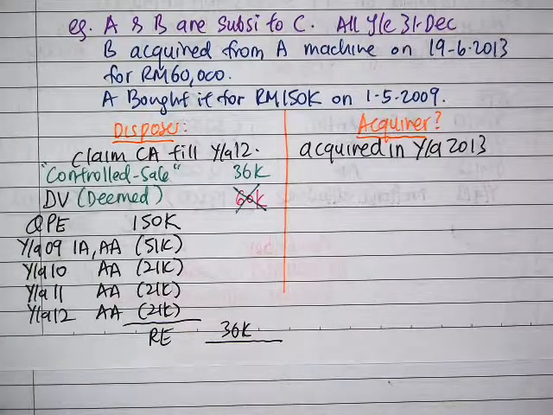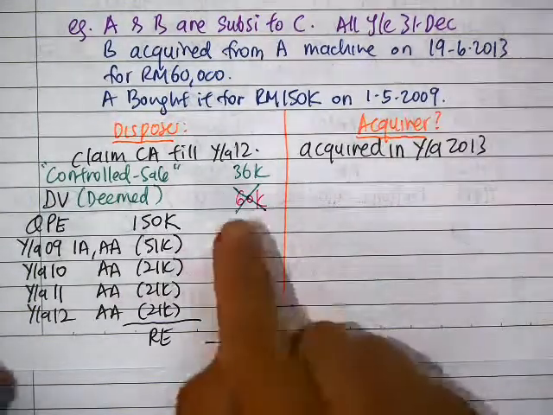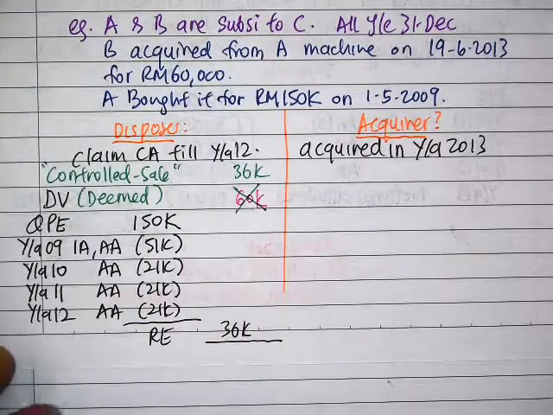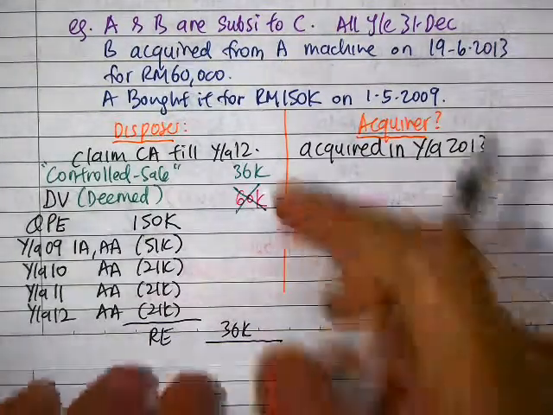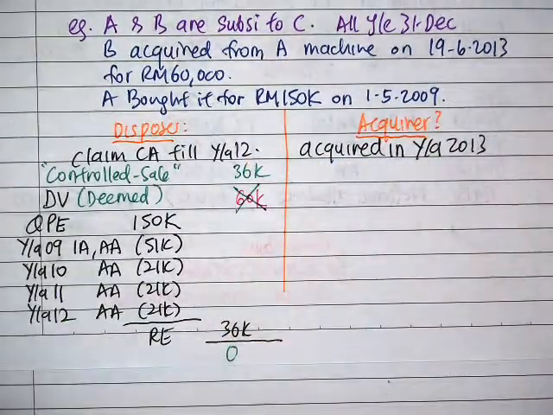She expected the student to give the figure also. You cannot just tell me that the DV equals to RE. I know that's the concept. But then how much is that? So the examiner also expected students to say that the RE is deemed to be 36. In this case, you must give the figure. Deemed to be 36. So 36 minus 36, 0. BA/BC is 0, so there's no gain, no loss.